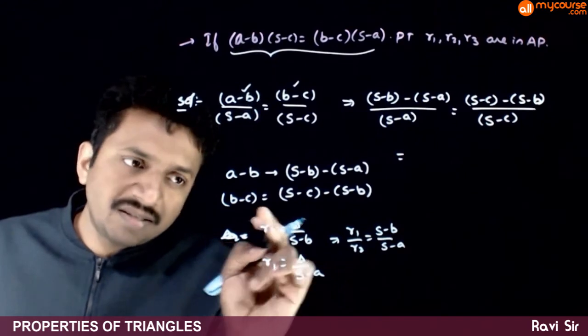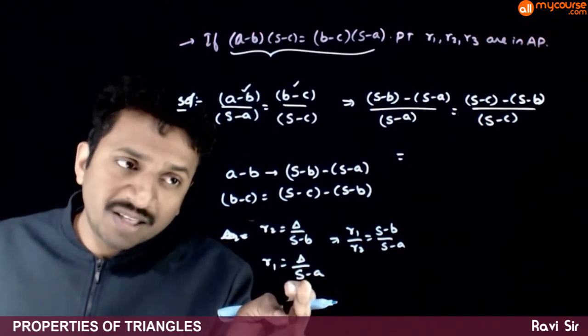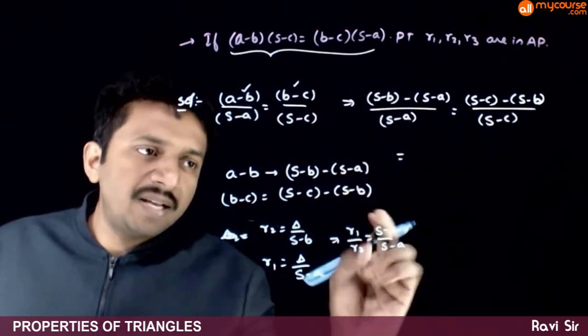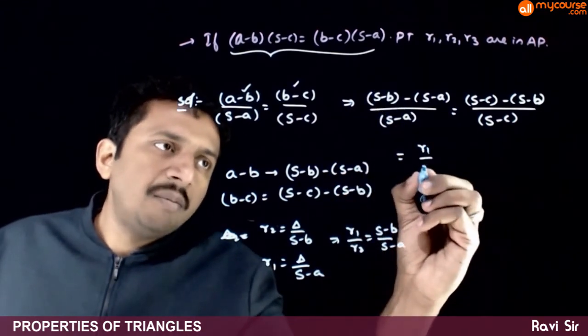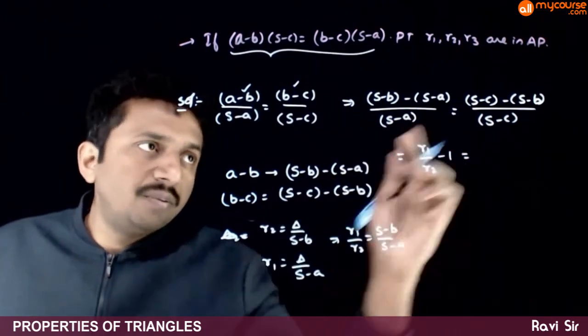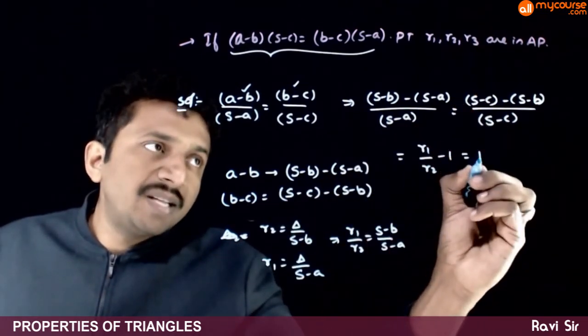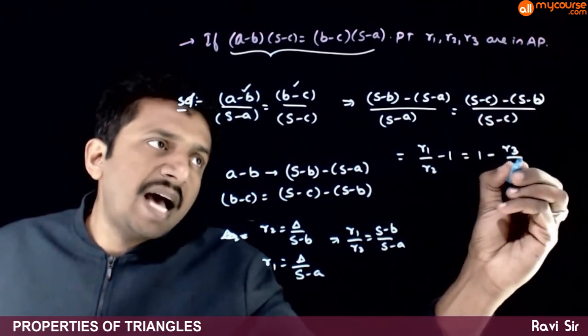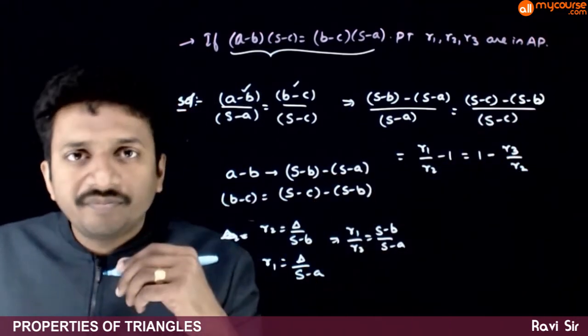R1 by R2 is, in the denominator you get s minus a, in the numerator you get s minus b. So s minus b by s minus a can be written as r1 by r2 minus 1. And s minus c by s minus c is 1, so 1 minus s minus b by s minus c can be written as r3 by r2.